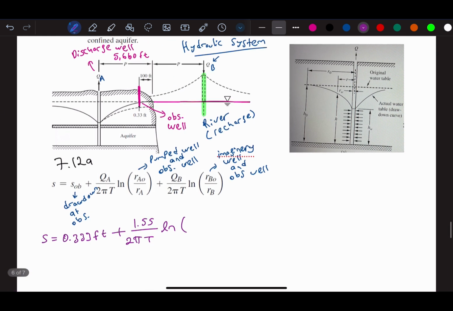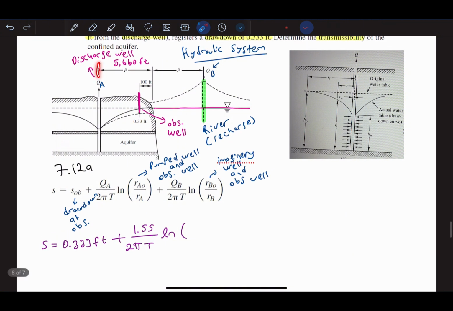Now we have RAO, which is the distance from pumped well and observed well, and it will be 5,560, because the total distance is 5,660, and we have this 100 feet difference, so it will be 5,560.